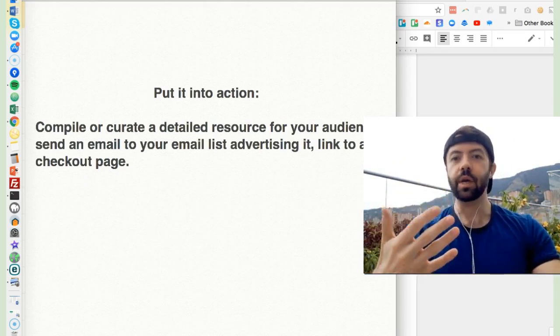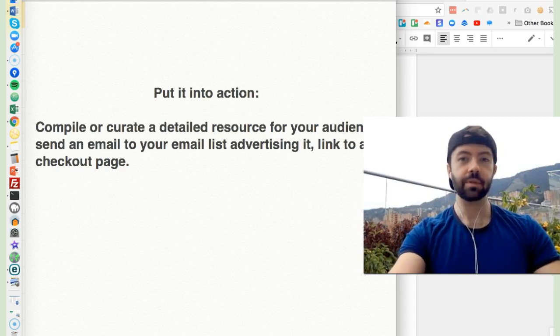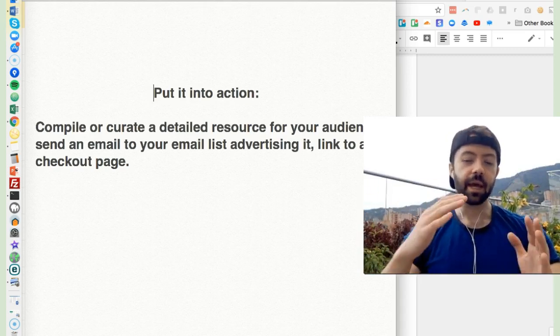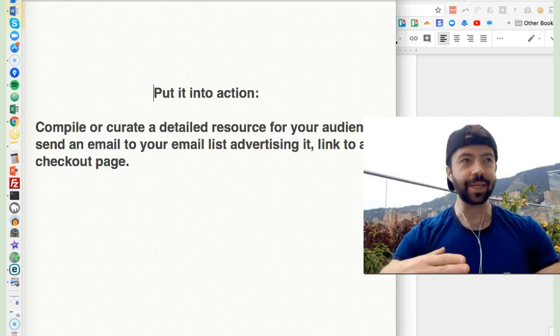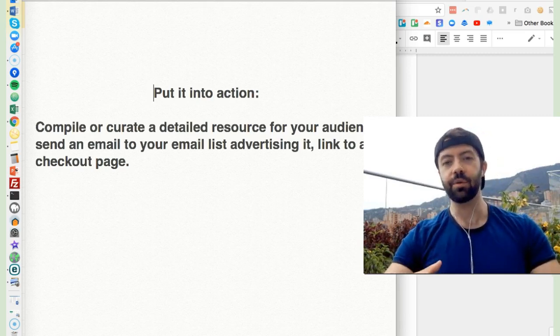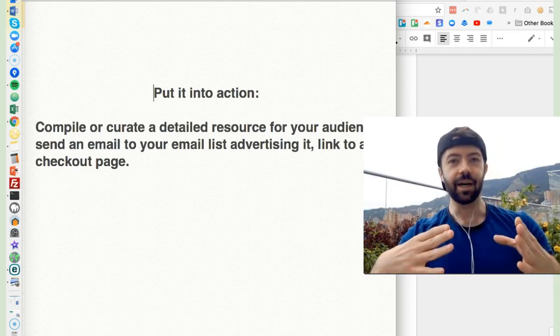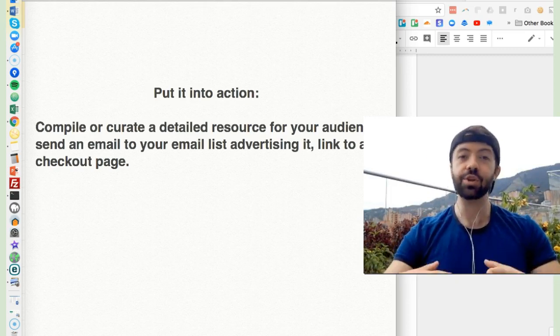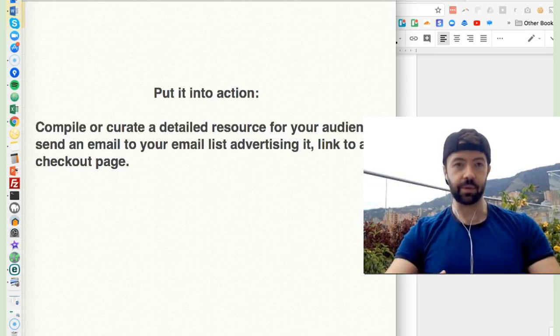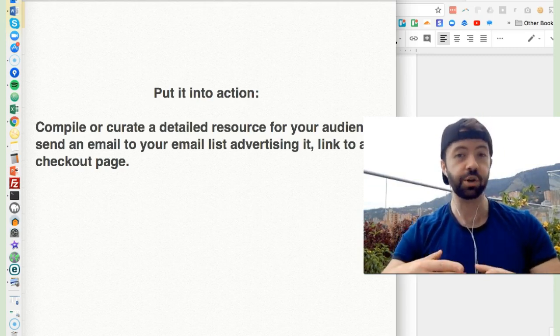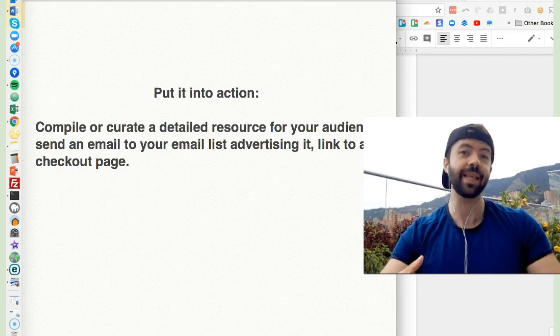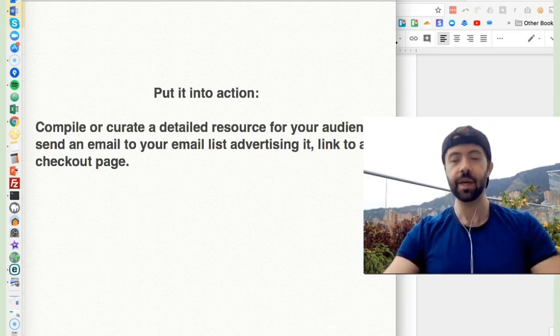Now, you can use these examples for inspiration, and once you do that, it should be something more valuable than your typical lead magnet. It should be more valuable than a checklist, and it should take you more time to put together as a result too. Because remember, you're going to be charging money for this, not just the cost of someone's email address.